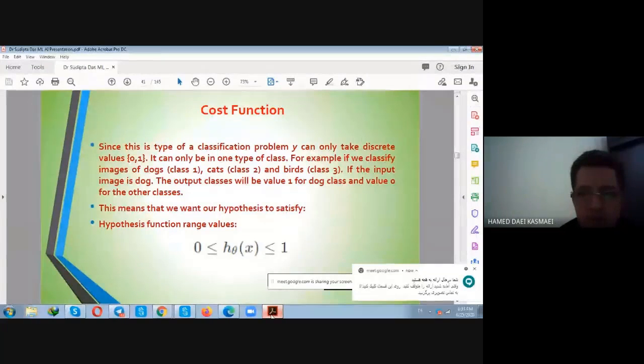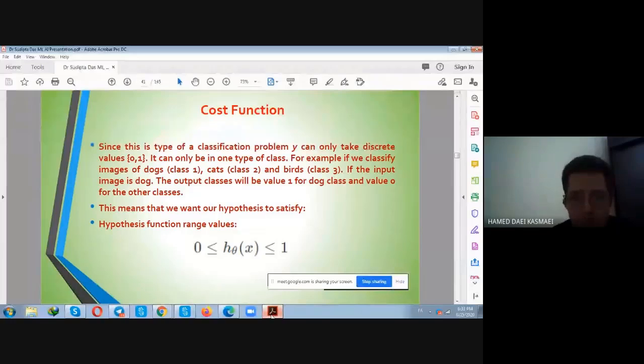For example, if we classify images of dogs based on class 1, cats based on class 2, and bears based on class 3. We are doing a kind of human action as labeling.